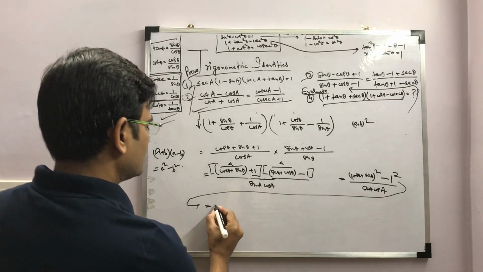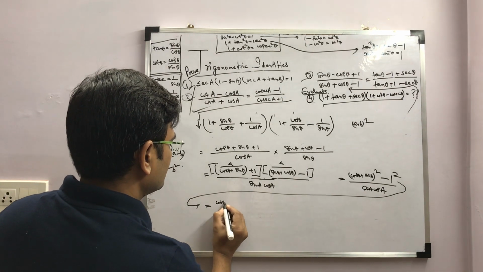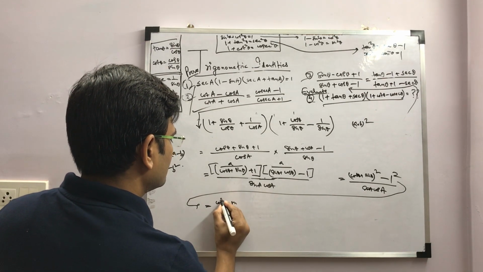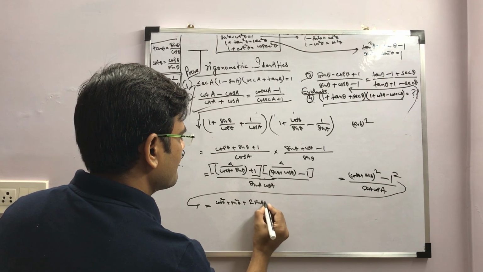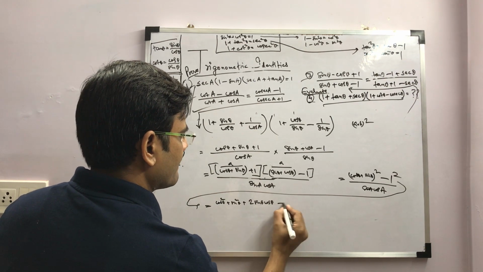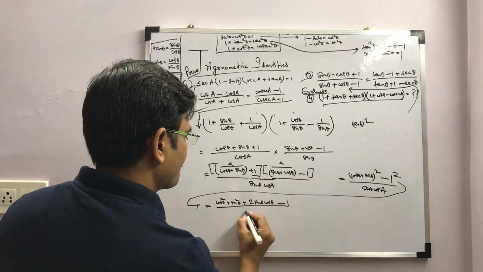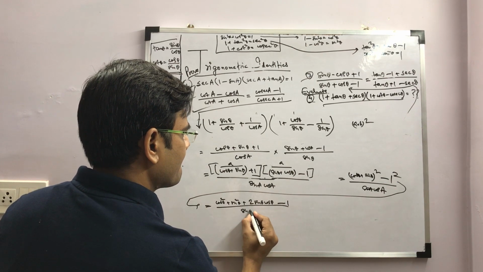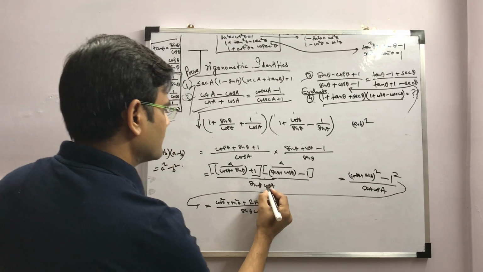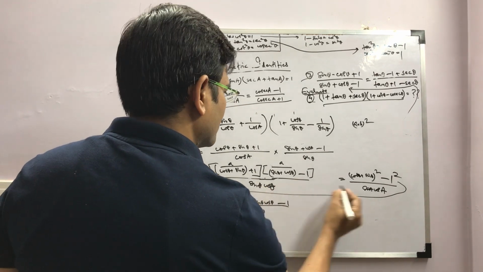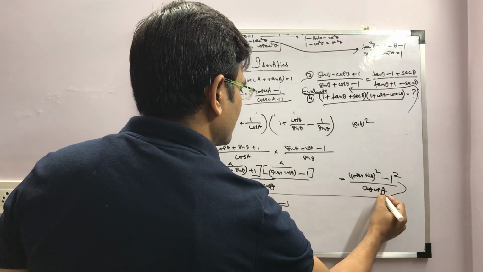So a plus b whole square is cos square theta plus sin square theta, a square plus b square, plus 2ab, and minus 1. I am writing theta somewhere and a somewhere, anyways, there is no difference.